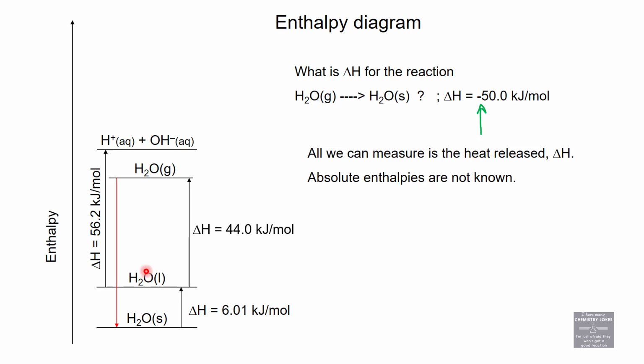So I cannot say that this has an absolute enthalpy of something. I can only measure the change when I turn this liquid into solid, or this liquid into gas, or this liquid into these aqueous ions. I can only measure changes. I cannot measure absolute values.